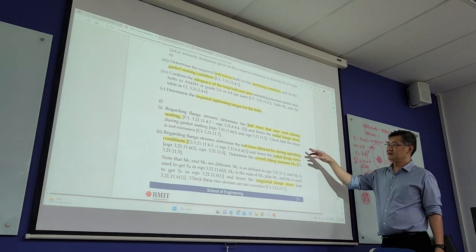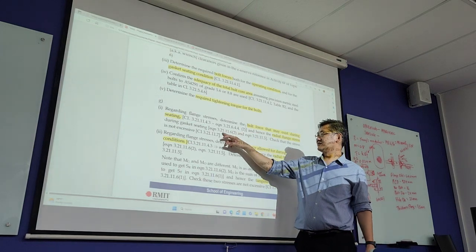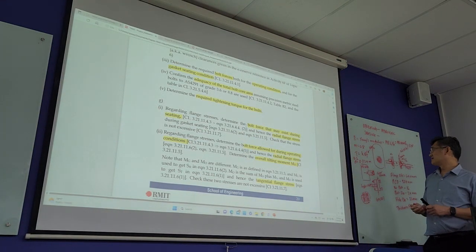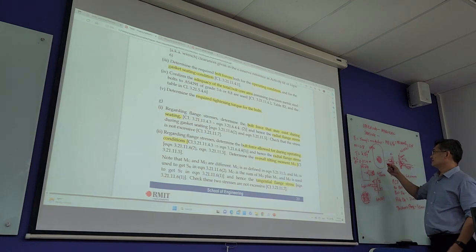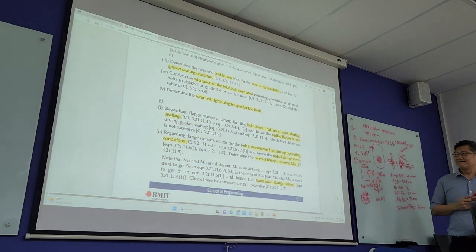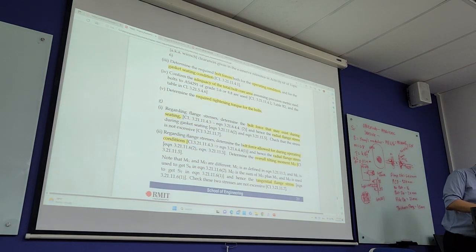Alright, if you go to this clause, they will tell you how to find this SR, the radial stress. So let us take a look at this bolt force that exists during the seating, 2.1.11.4.